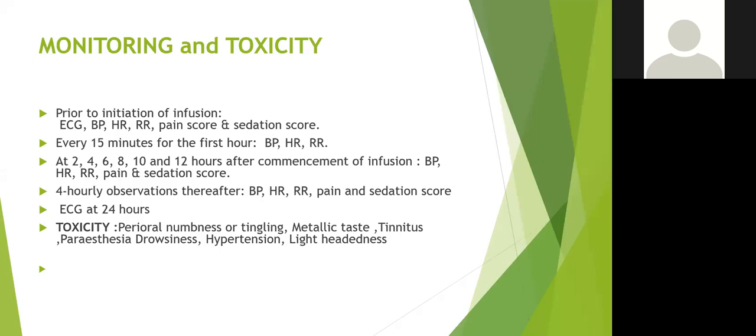Then 2 hourly, 4 hourly, 6 hourly, 8 hourly, 10 hourly, and 12 hours. So obviously, it has to be a hospital setting if you're doing this. This is the ideal guideline, where they say BP, heart rate, respiratory rate, pain, and sedation score. Thereafter, if the patient's stable, you can go to 4 hourly observations of pressure, heart rate, respiratory rate, pain, and sedation score. And ECG can be repeated up to 24 hours.